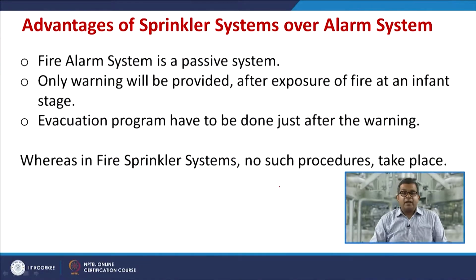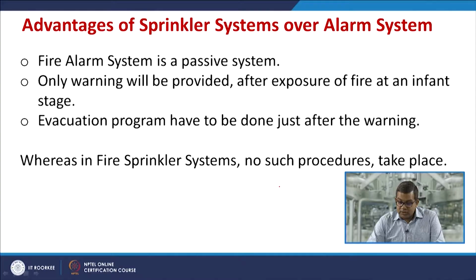Again, when we compare the sprinkler system over the alarm system, there are certain advantages associated with it. The fire alarm system is a passive system. Only a warning will be provided after exposure to fire at an infant or very nascent stage. Evacuation has to be done just after the warning.